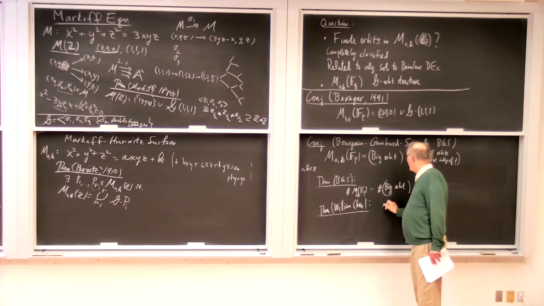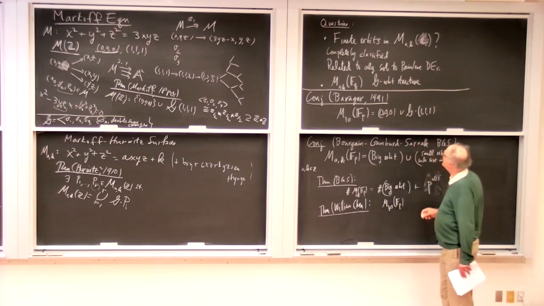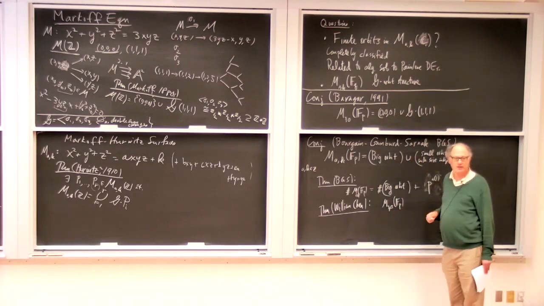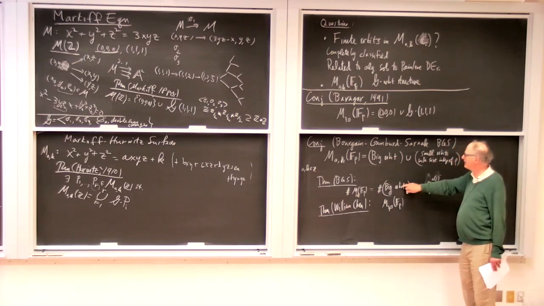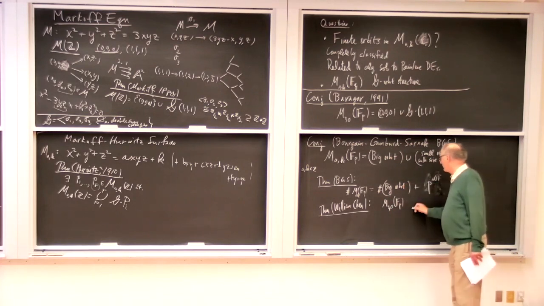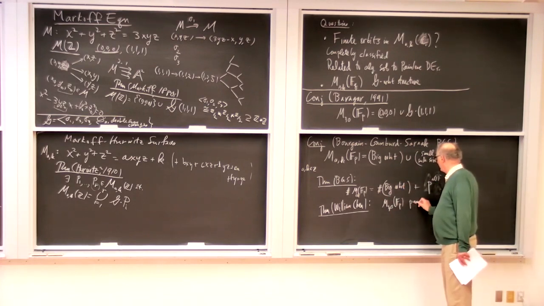So for the M30 case, he actually proved Baragar's conjecture, partly by using the tools that BGS had developed.